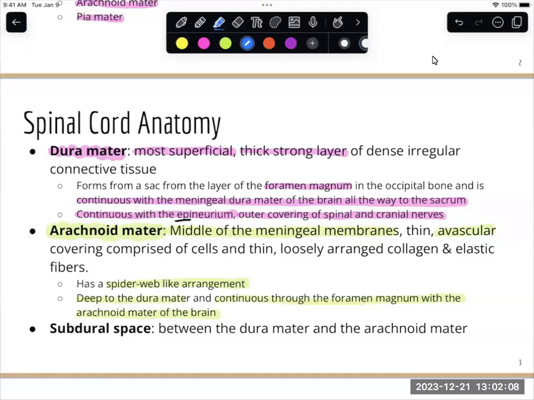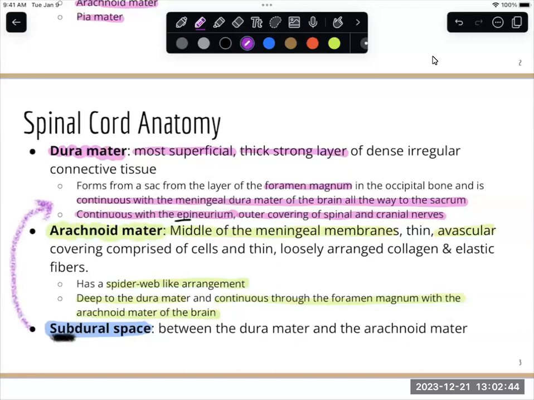Underneath the arachnoid mater, we have this subdural space. Sub means that it is below, or no, usually sub means below, but here sub is between the dura mater and the arachnoid mater. So it is below this dura mater.